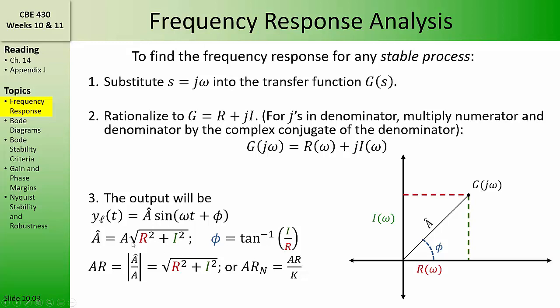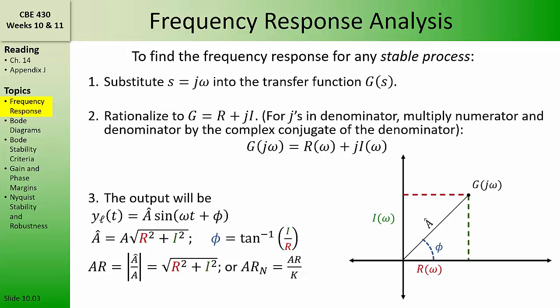Now, because the amplitude of our input is arbitrary, we'll define the amplitude ratio as the absolute value of a hat divided by A, that is the output amplitude divided by the input amplitude, and that will be the square root of R squared plus I squared.